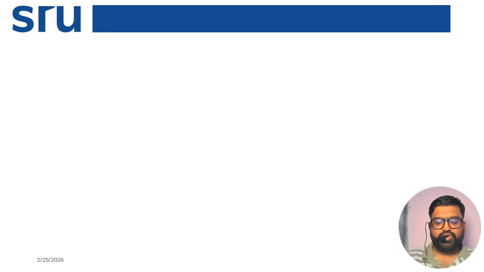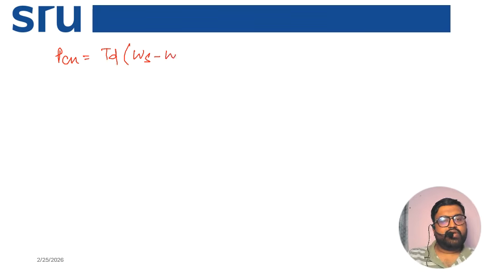Similarly, we put the formula again: P copper is equal to TD into omega s minus omega r, right?